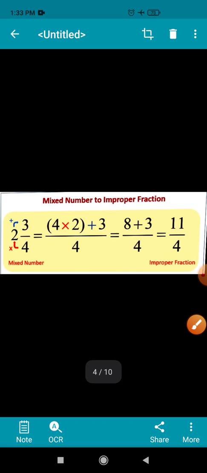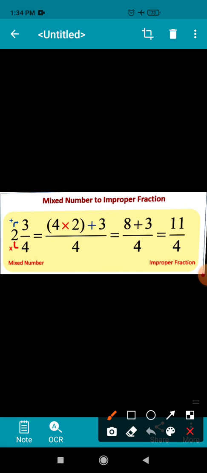Now, let us see the second example. Here, 2 whole 3 by 4 is a mixed fraction. When we change this mixed fraction into an improper fraction, we multiply denominator by whole number. Then we add the numerator, divided by the denominator, that is 4.